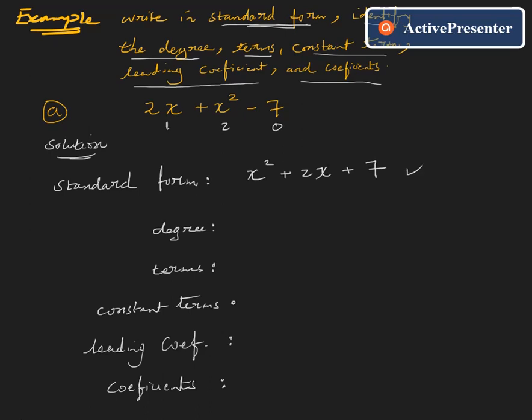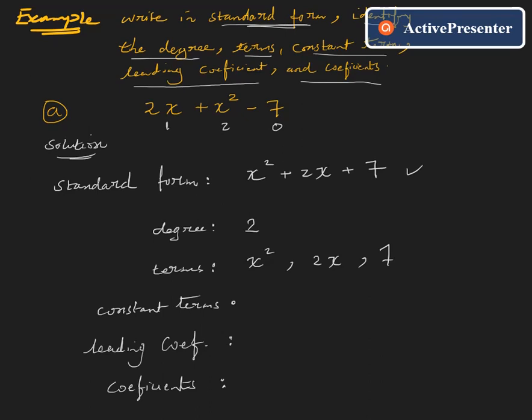So what is the degree of the polynomial? The degree of the polynomial is the highest degree, which is 2, of course. What are the terms of the polynomial? We have x squared, 2x, and 7. What is the constant term?